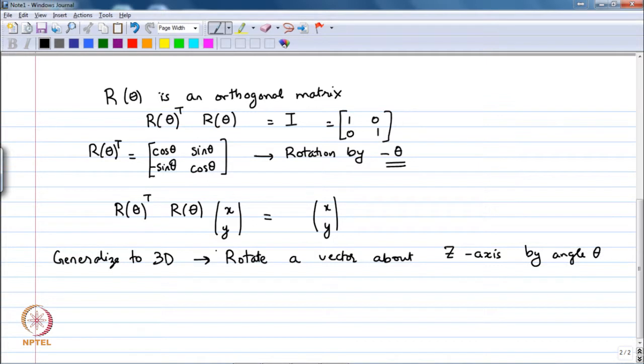In other words, you have something like x y z, and you rotate about the z axis by angle theta. So now what would be this matrix? What is the matrix?